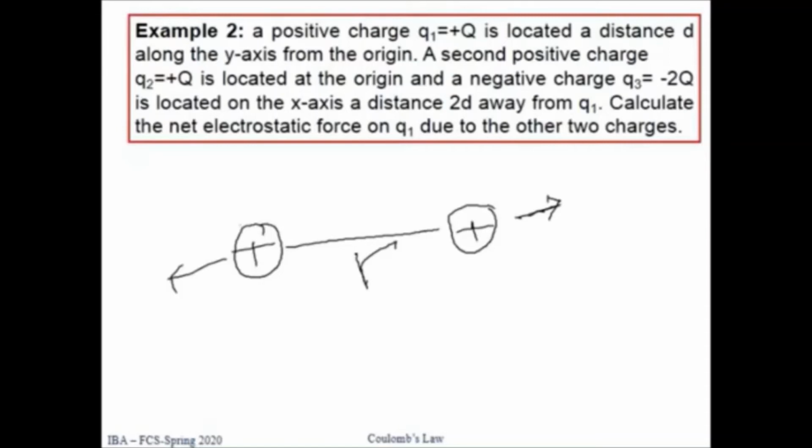However, if we have two opposite signs of polarity, say a positive charge and a negative charge, the distance between these two charges again considered as r. In this case, because of the opposite polarity, the force would be attractive and the force vectors would be towards each other in both cases.